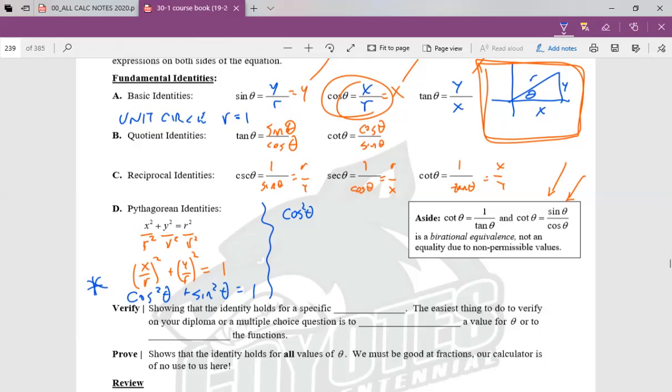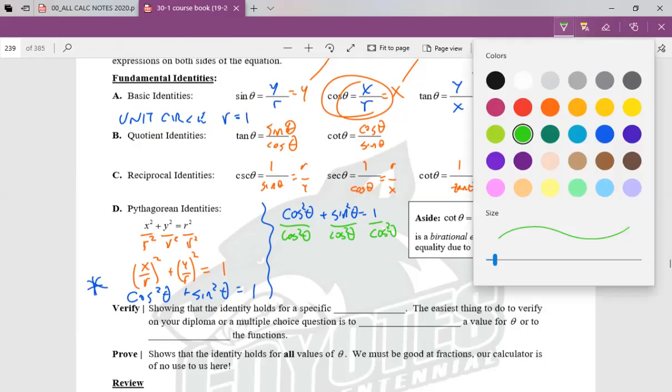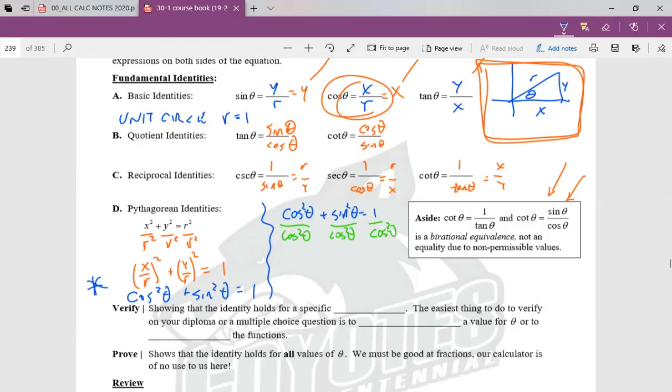If I start with cos squared plus sine squared equal to 1, and I divide each of these by cos squared theta, what I end up with is cos squared over cos squared is 1, sine squared over cos squared is tangent squared theta, and 1 over cos squared is secant squared theta. So here's our second Pythagorean identity.